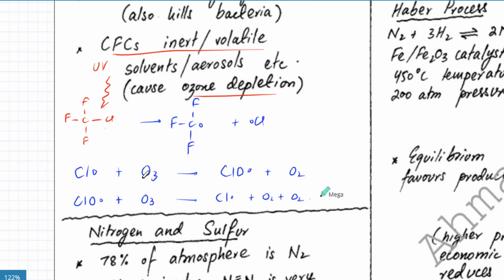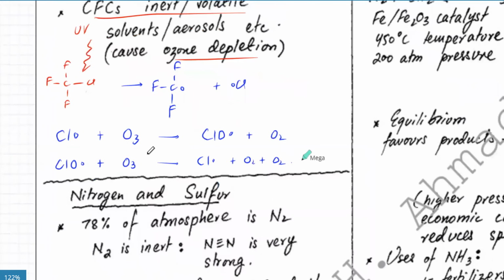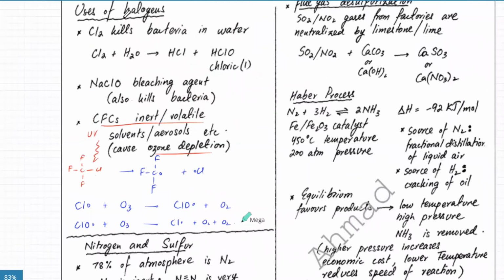So what is happening is that the ozone is constantly getting depleted. It's breaking down into oxygen. Ozone is this hazy smog-like substance present in the upper atmosphere that blocks harmful UV rays.